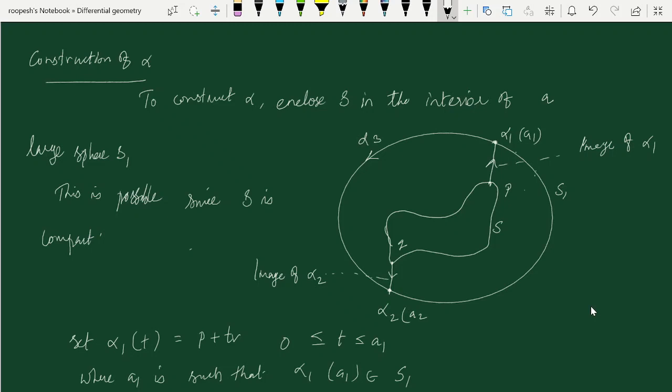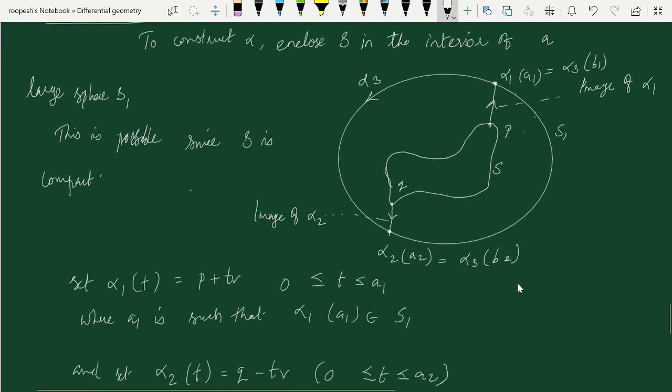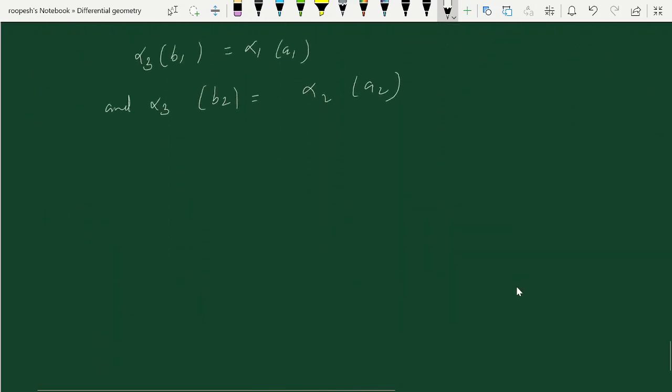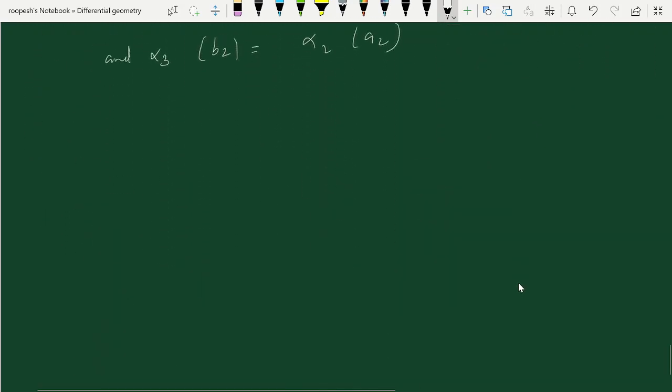Alpha 1, alpha 2 and alpha 3. And here the alpha 3 condition is that alpha 1 of a1 equals alpha 3 of b1, right? And here alpha 2 of a2 is the same as alpha 3 of b2, right? So these are the conditions. Now using these three curves we will define your alpha.